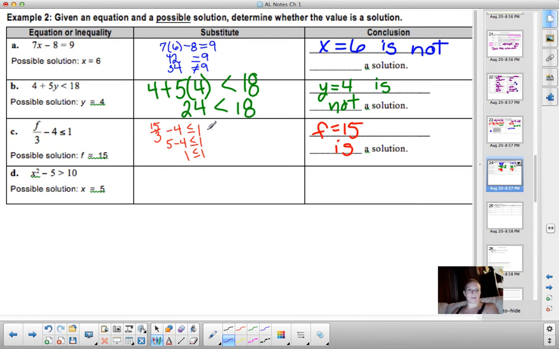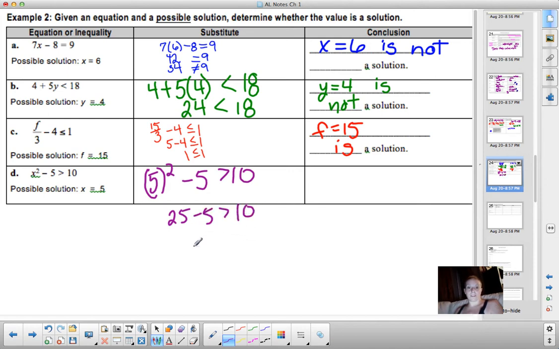When we look at problem D, be careful with that exponent. What happens when we plug in x equal to 5? We're going to do 5 to the second power, or squared, minus 5 is greater than 10. 5 squared is 25. Minus 5, is that greater than 10?